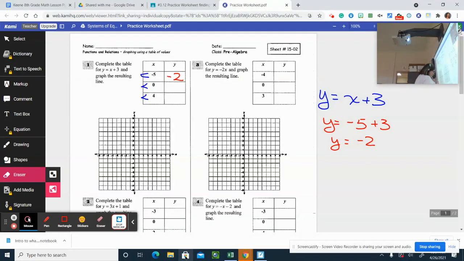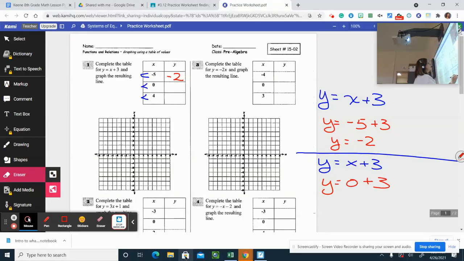I'm going to do the same thing for the next value, which is x equals 0. So I start with my same equation, and I substitute 0 in for x. So I have 0 plus 3, so y equals 3.